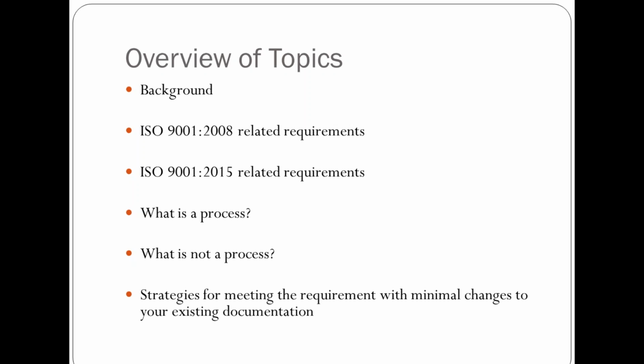We're going to explore how a process is defined officially, and we're also going to explore what is not a process. And finally, we will have some strategies for you to meet the requirement with minimal changes to your existing documentation if you have some concerns that your current interaction of processes may not be fully effective.